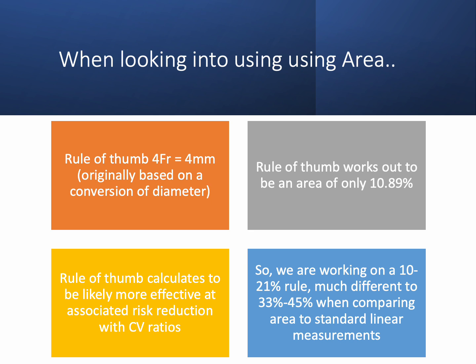A 5 French catheter should not go in a vessel smaller than 5 millimeters. A 6 French catheter should not go in a vessel smaller than 6 millimeters. It works because it's a simple 1/3, 2/3 catheter to vessel ratio. It's very simple and it's also very effective. The area rule of 10 to 21% is different in number, but the concept is exactly the same.